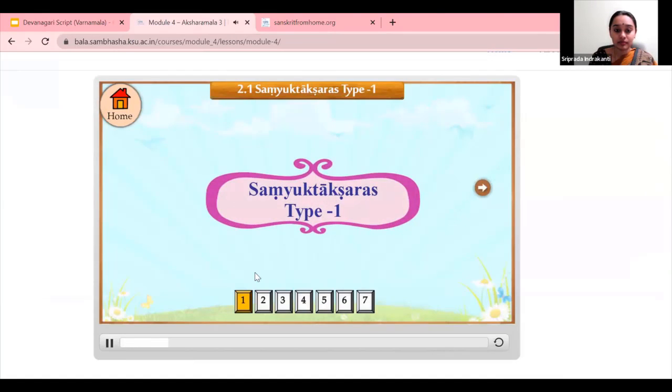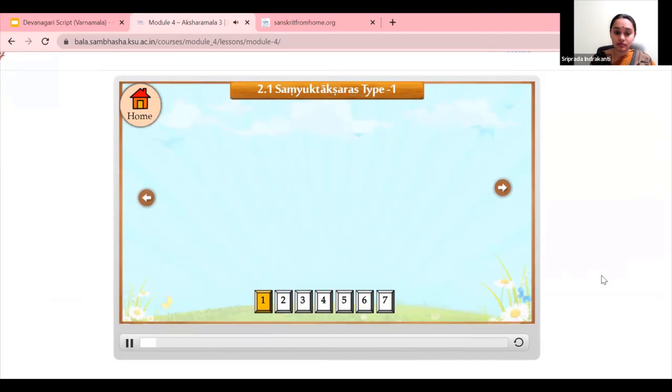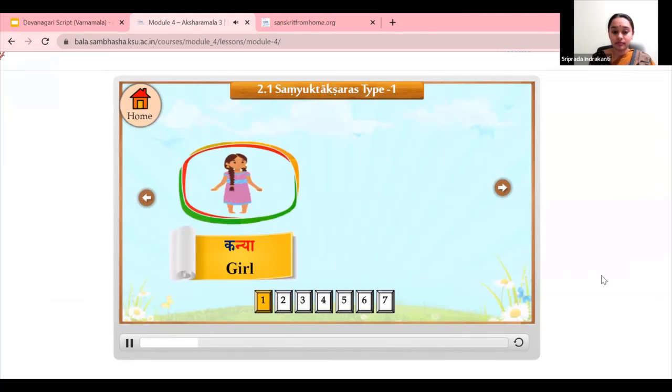The simplest type of Samyuktaksharam is where the first vyanjana is written half and the next vyanjana is written full. For example, let us see the word Kanya. N plus y is nya. In nya, the first vyanjana n is written half.